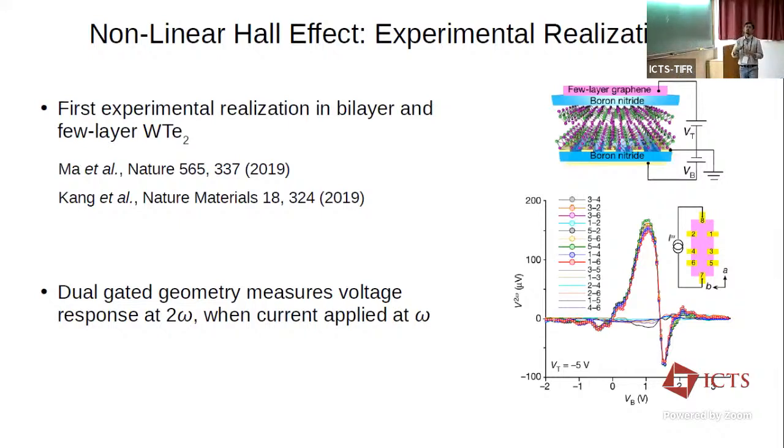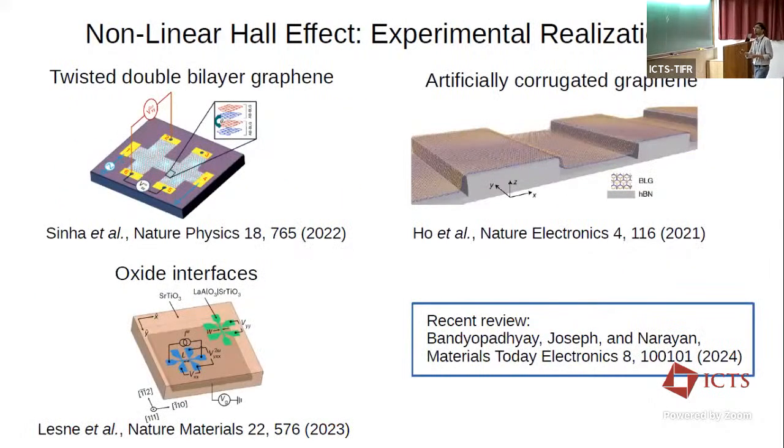So they measured the voltage response at 2 omega when they applied a current at a frequency omega. Okay, and then in this kind of a device geometry, they had all sorts of voltage traces that they could measure between different combinations of electrodes, and it turned out that these are in line with what you expect from Sodemann and Fu's theory.